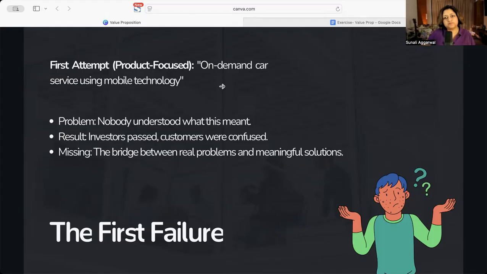The problem with this value prop was that nobody understood what this meant. One of the biggest things about a value proposition is that you should be able to visualize what is being offered, right? Result: investors passed, customers were confused, and there was a bridge between the real problem and meaningful solutions which was completely missing.